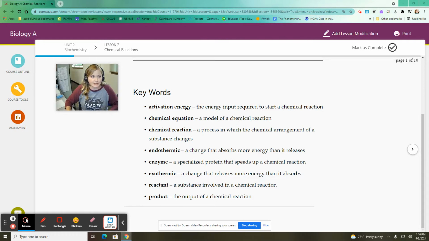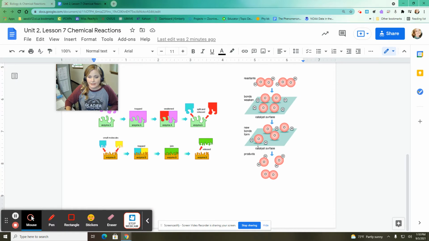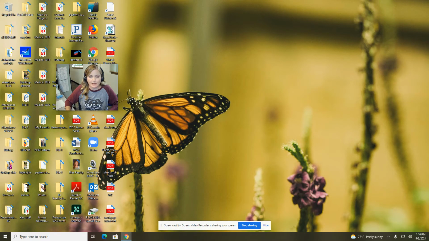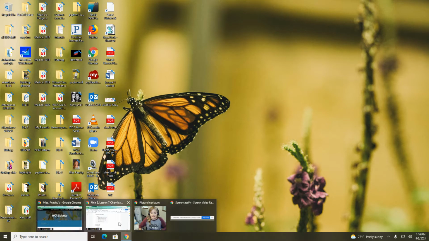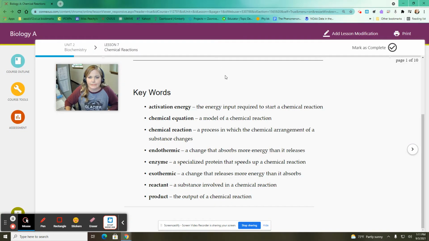Again, as a reminder, I do have a notes guide that goes with this one. Just some key terms and some key concepts, and you would be able to type into this and make your notes from it. And don't forget that it is a Google Doc, which means that you can't type in the master copy.